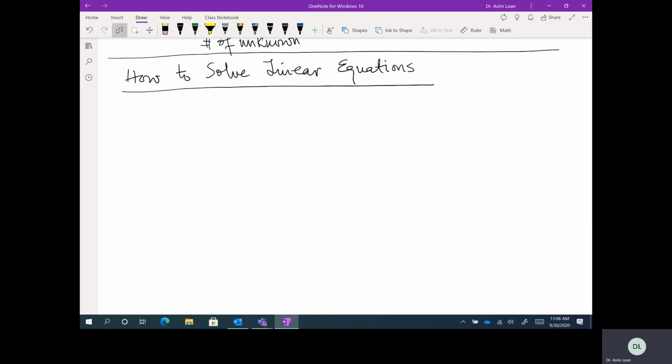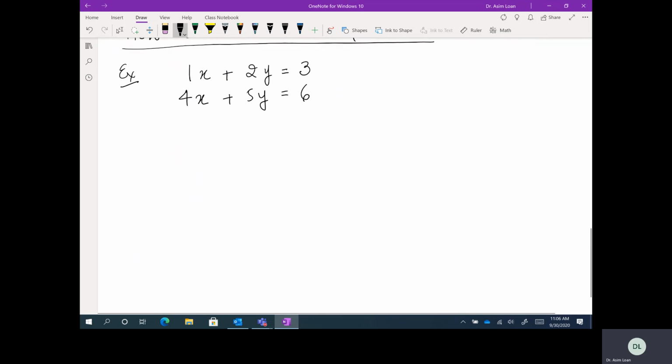So let's start with two simultaneous equations, and for all the cases we'll just use these equations. We have 1x plus 2y equals 3, and we have 4x plus 5y equals 6.